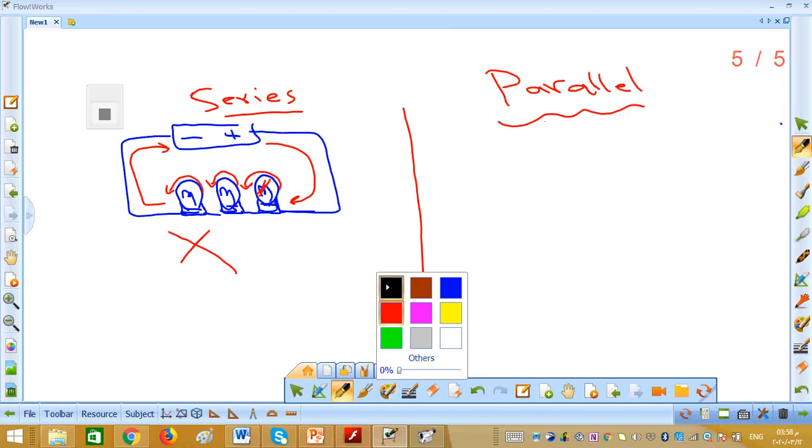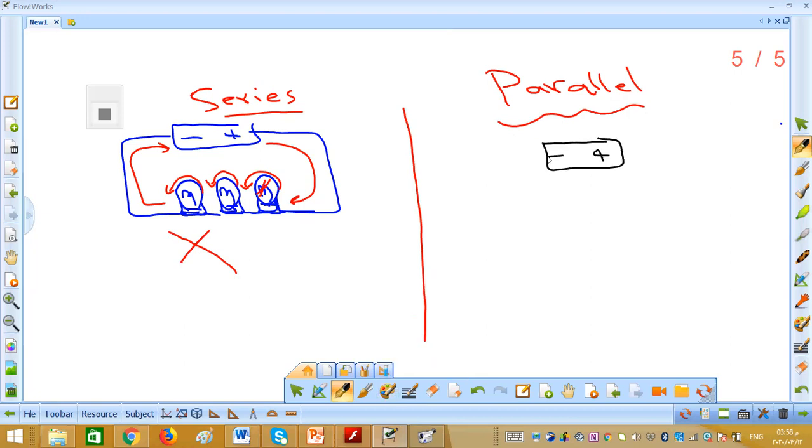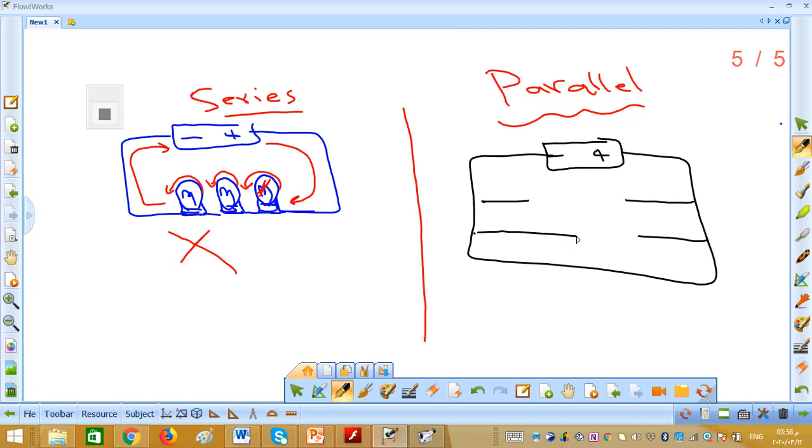The second way of connecting circuit, we call it parallel circuits. In parallel circuits, I take the source of electricity, then I make closed path, then I make branches to connect light bulbs, for example. So, in this way of connecting circuits, this is the first branch, the second, and the third.